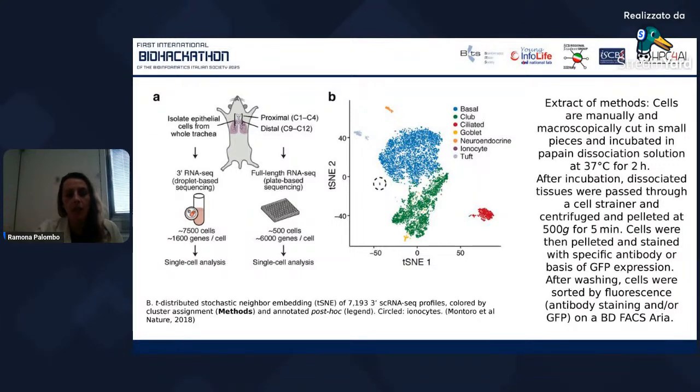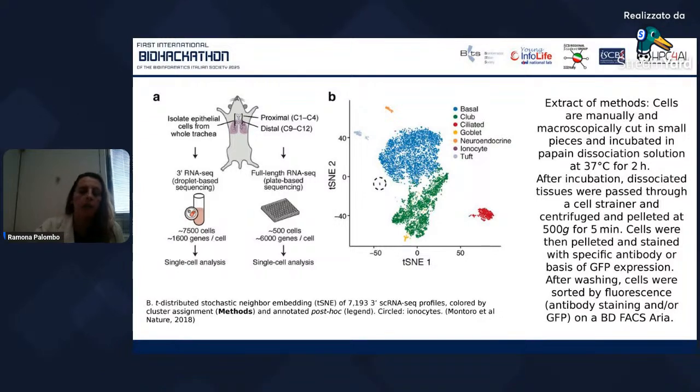Instead, in the full length, we have the sequencing of the entire transcript. And so we can apply this methodology just to a few number of cells, but we can increase the number of genes that we are studying. Instead, in the first kind of method, we can have a high number of cells, but we can study a lower number of genes per cell.